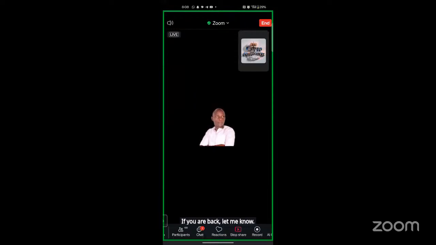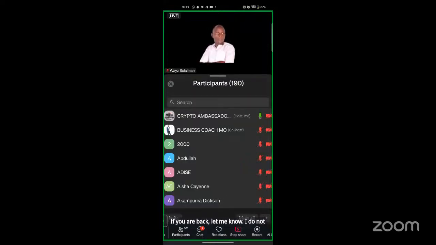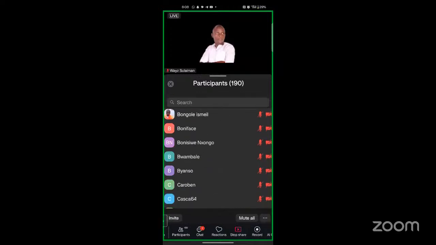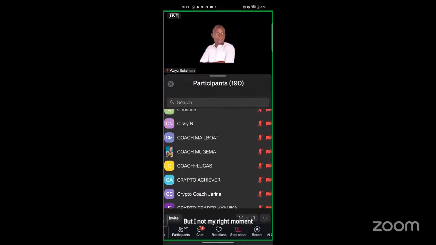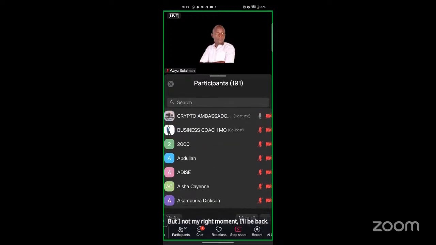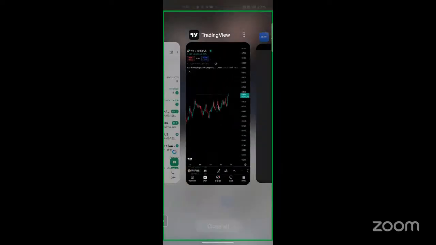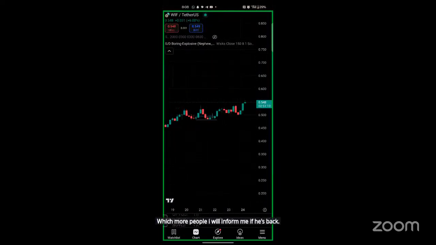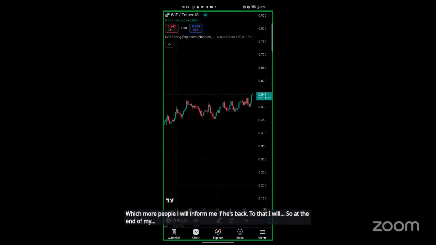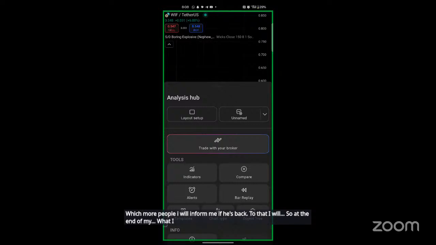I usually do not want to intervene with a lot of stuff, but at my right moment, I will be back. Coach Mupiwa, inform me if he's back, so that I will surrender what I'm trying to do here, because it's nothing much.